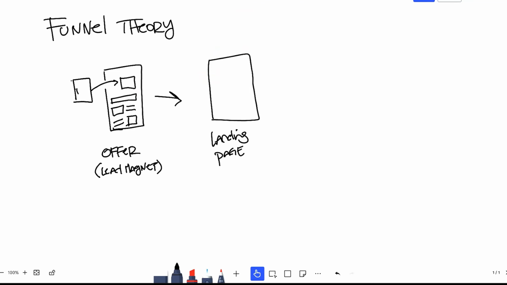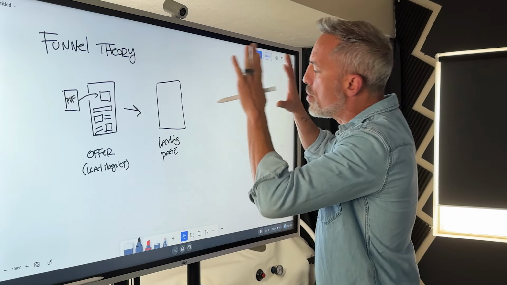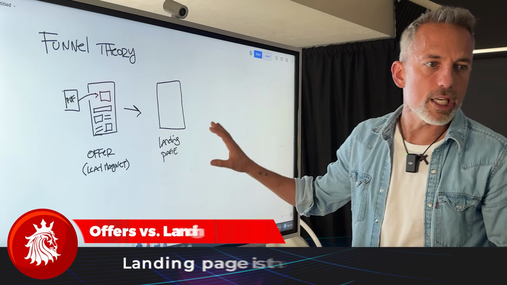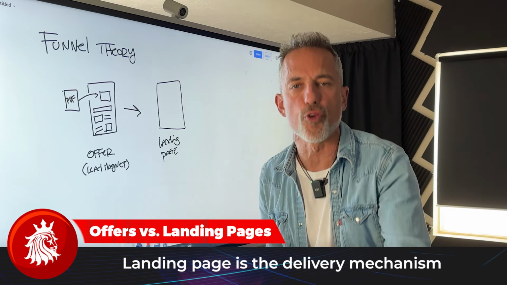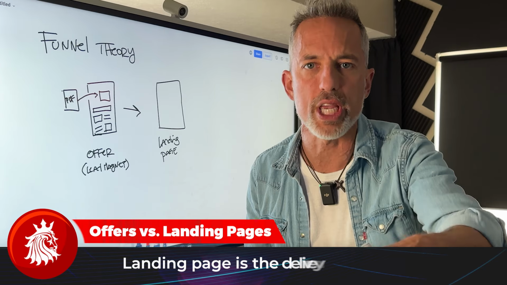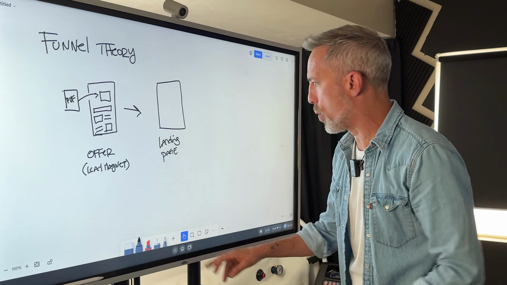But you may have something like a $97 offer. So when it comes to what's going on your landing page, we need to think about what is that offer. For example, if you have a free PDF, you put that PDF onto a landing page, and then the goal of that landing page is to convert someone to a free offer, okay?